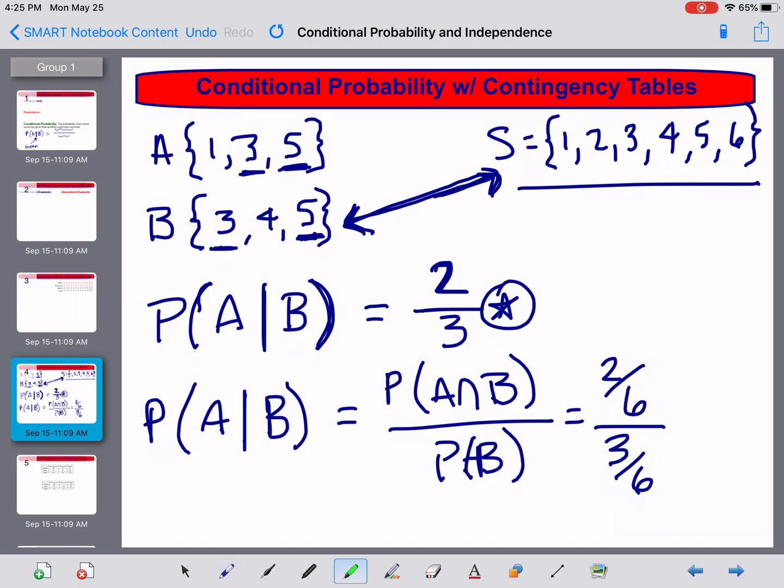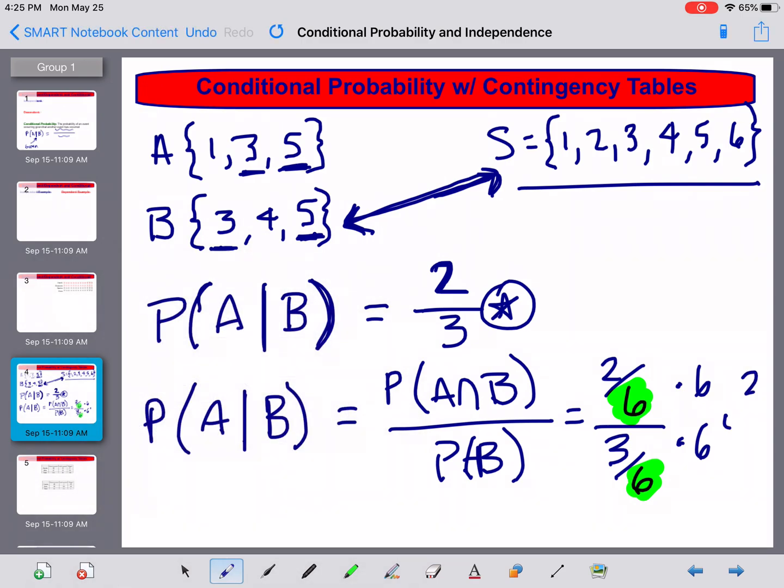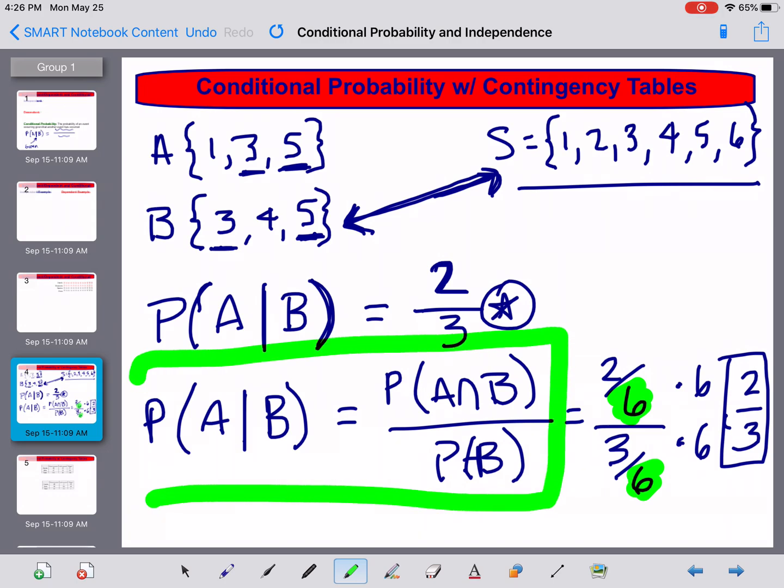Hopefully you can see that the 6's will cancel out, because if I multiply by 6 on both of them, I'd be left again with 2/3 the same way. But formula-wise, if we want to use conditional probability, that is this. We're using the probability of A intersect B, and then the probability of B occurring. But a lot of times we can think about this logically to do it that way.